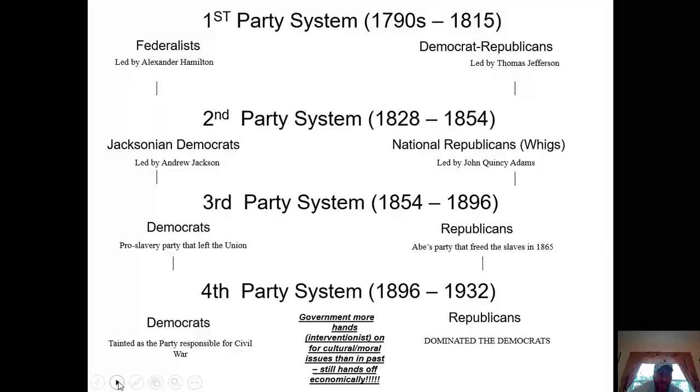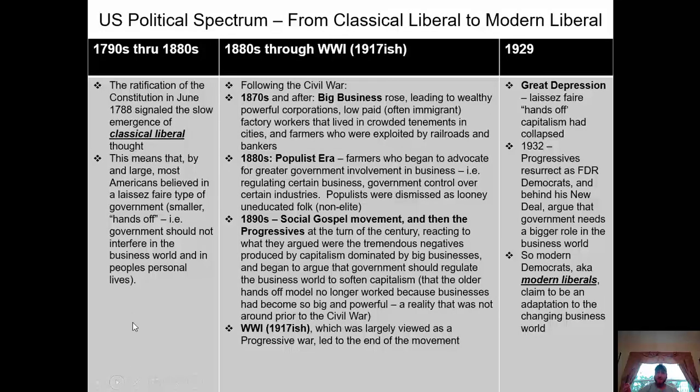All right, so now let's move on to the next slide. This gives you an idea of how we get to the progressives and even how we get to the modern day Democrats. If you look at the left-hand column here, from the 1790s through the 1880s, the first bullet says the ratification of the Constitution in June of 1788 signaled the slow emergence of classical liberal thought: laissez-faire, free market, capitalist economy, Hamilton's vision.